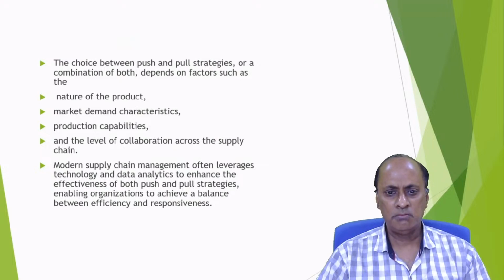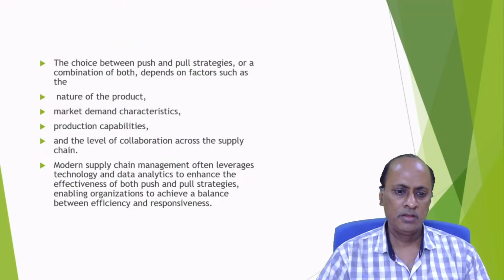Modern supply chain management often leverages technologies and data analytics to enhance the effectiveness of both push and pull strategies, enabling the organization to achieve a balance between efficiency and responsiveness.